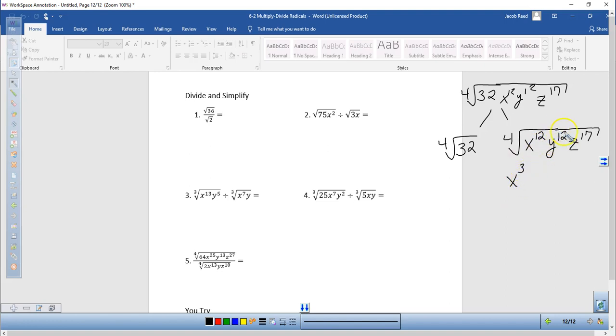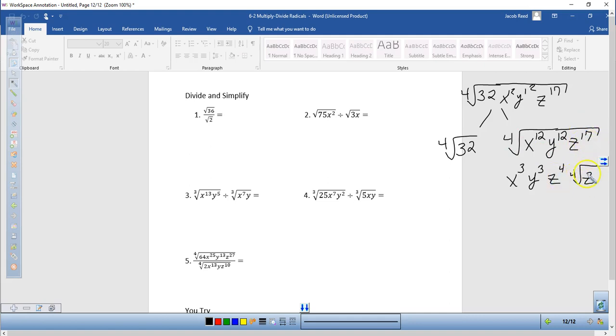Same thing with Y, we got 12 of them, we need to break them into groups of 4, we can make 3 groups. 4 groups with 17, I can make 4 groups, but somebody's going to have to stay behind. Because 4 times 4 makes 16, and plus 1 more 17.